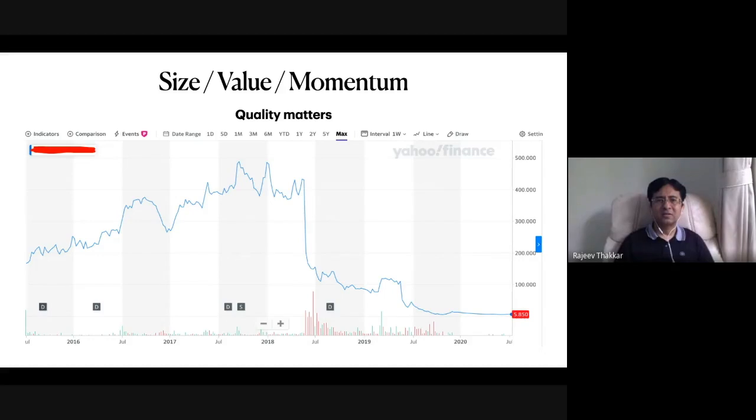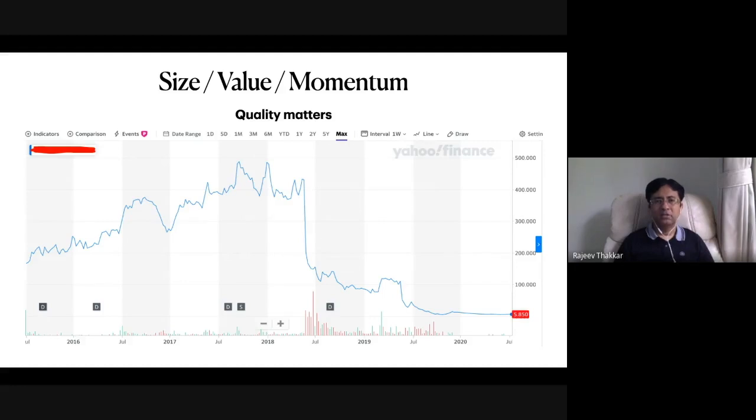This is the price chart of a company, and I've deliberately removed the name. The name is not important. What is important is the steep fall in the light blue line that you can see. This was a company where value investors were buying it as a small company, small cap investors were buying it.